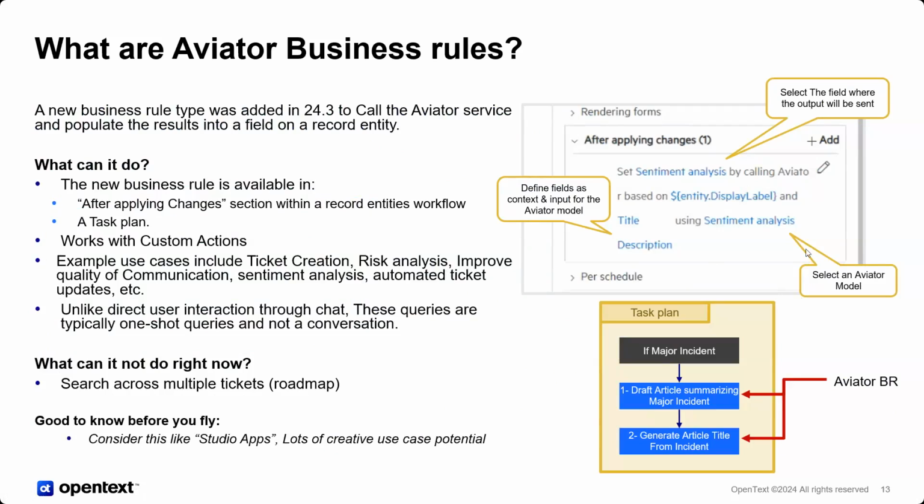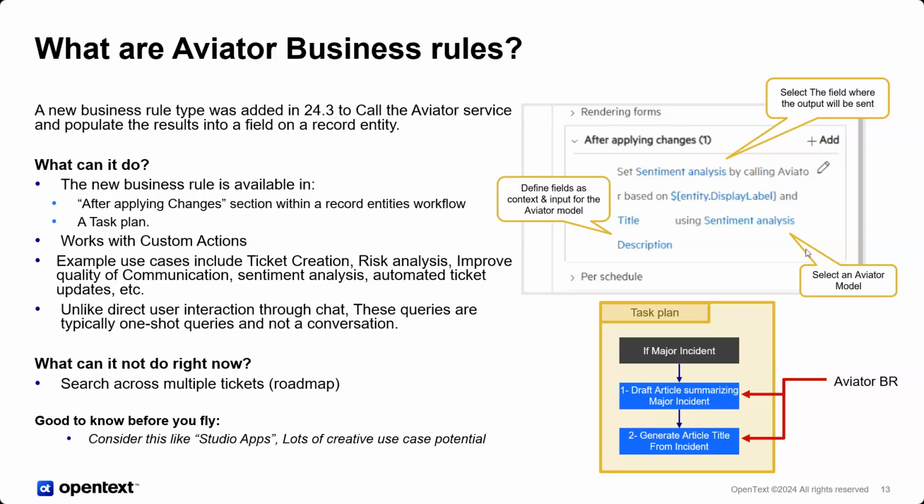The idea with that new business rule is you typically define an appropriate Aviator model, you set the fields you're going to update, and then you can add some optional additional input as part of the prompt template. So we allow you to do that within the business rule, but you can also provide some context, so additional fields that are within the system as well.